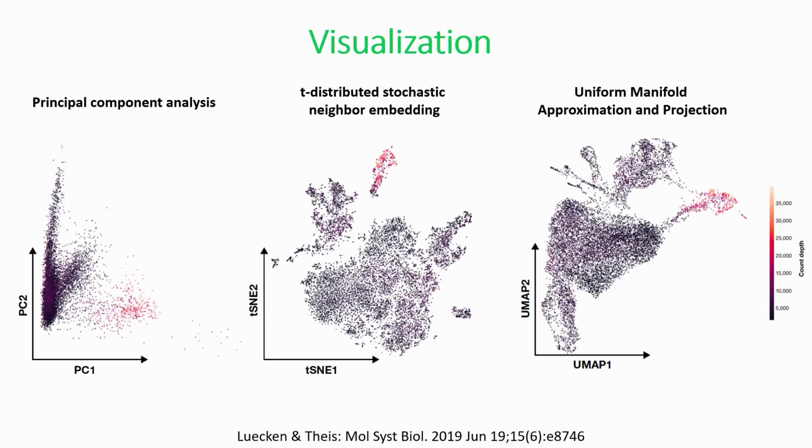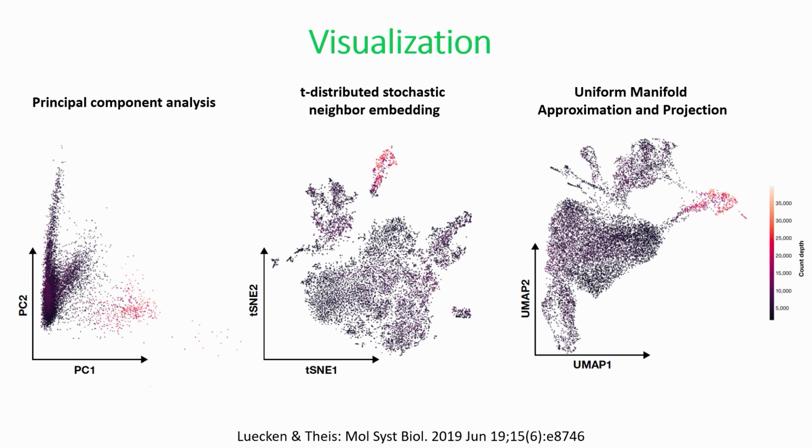And this happens via dimensionality reduction methods. For a long time, principal component analysis was sufficient to plot certain data sets, but with single-cell RNA sequencing, you need more elaborate algorithms, and the two most prominent are t-SNE and UMAP.